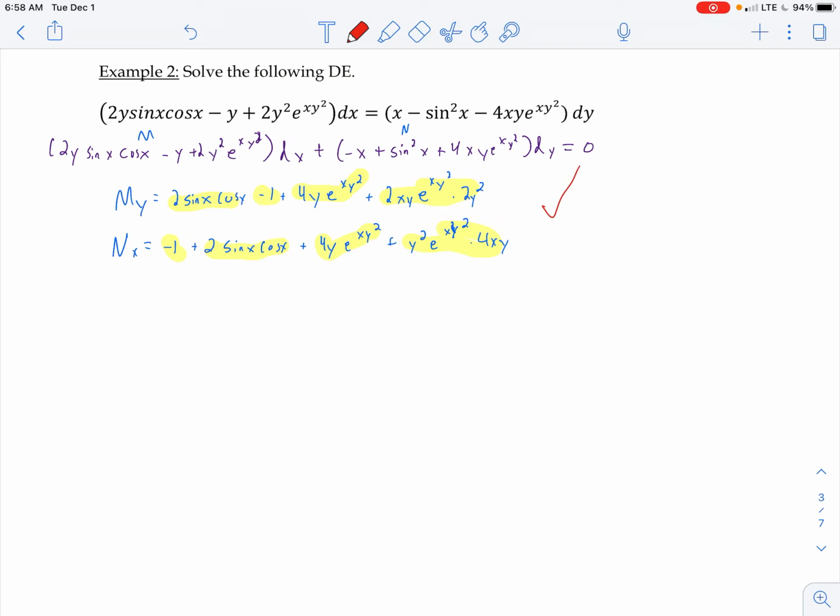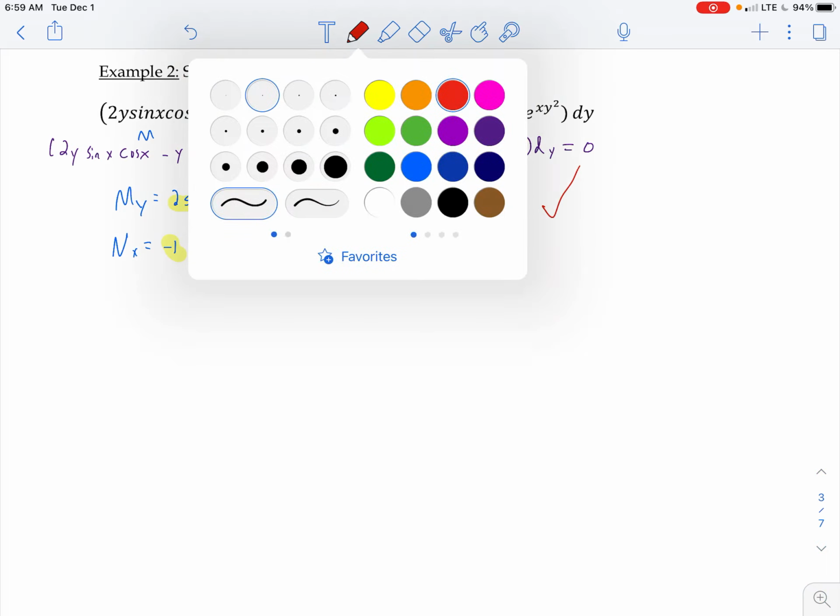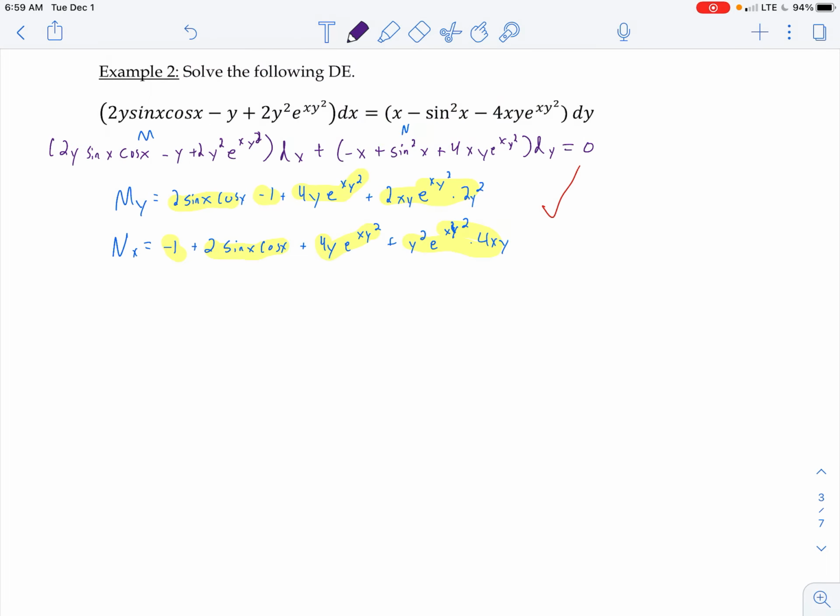We have an exact equation, and now what we're going to do is work on one of these. We can either work on the left side or we can work on the right side. I want to work with M. So I'm going to find my f of x, y. I'm going to set that equal to the integral of M dx plus g of y. All right, so now we're going to take the integral, but this time with respect to x.